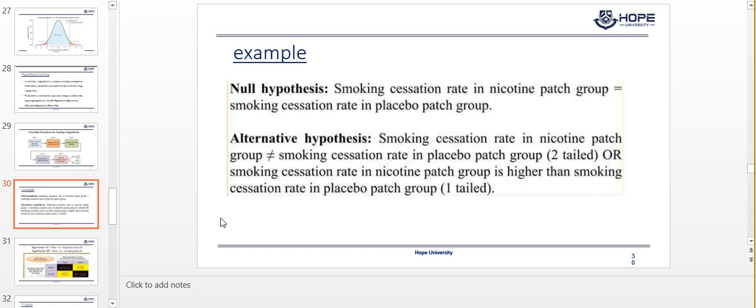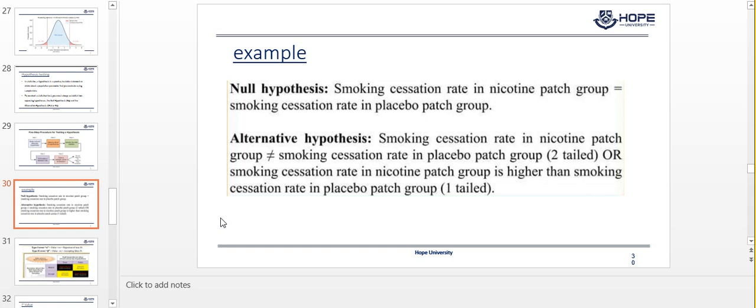For example, if I say to you that the number of people in the cigarette smoking cessation group, the stopping group, is the same as the number in the coffee drinking cessation group, the alternative should be that smoking cessation rate in the nicotine patch group is not equal, either an increase or a decrease.